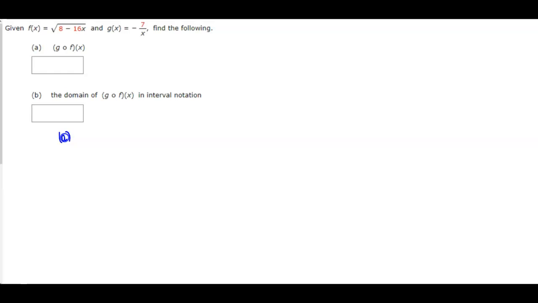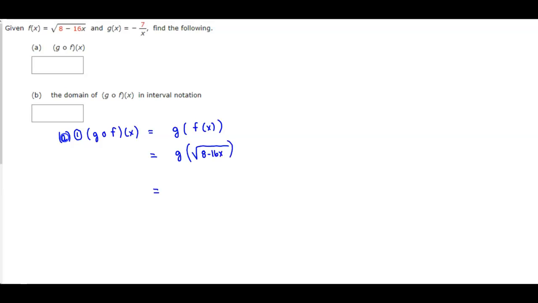We want to find g composite f of x. Well, that definition states that we need to take g of f of x. Well, f of x in our problem is the square root of 8 minus 16x.